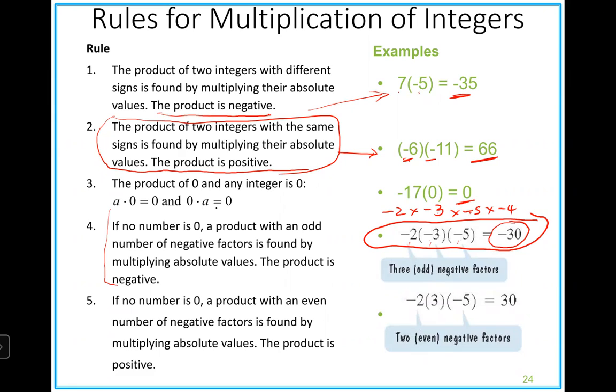So in this example here, 2 of the numbers are negative. So that's an even number. 2 is even. So negative 2 times 3 gives you negative 6. Negative 6 times negative 5 gives you a positive 30. You have 2 numbers in these factors which are negative. So your answer will be positive.